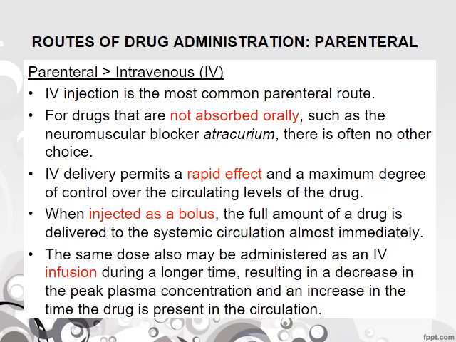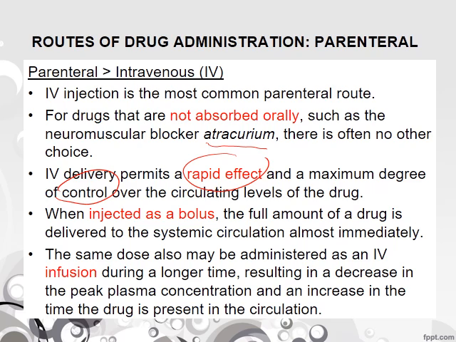Intravenous injection is the most common parenteral route. For drugs that are not absorbed orally, for example the neuromuscular blocker atracurium, usually we have no other choice. IV delivery permits a rapid effect and a maximum degree of control over the circulating level of drugs.